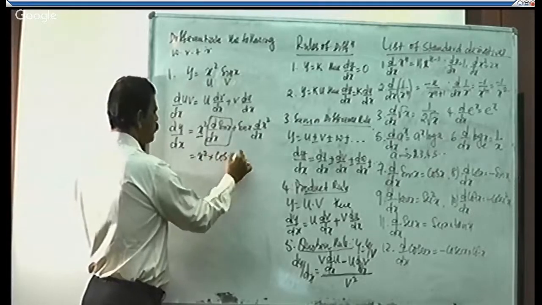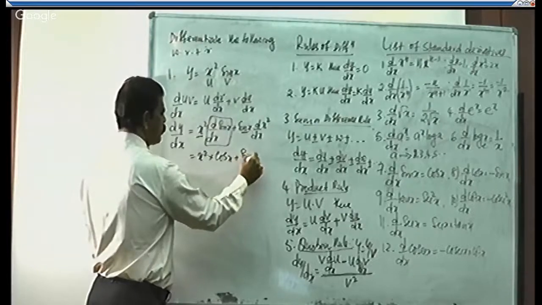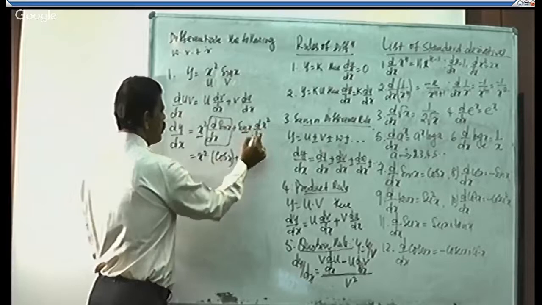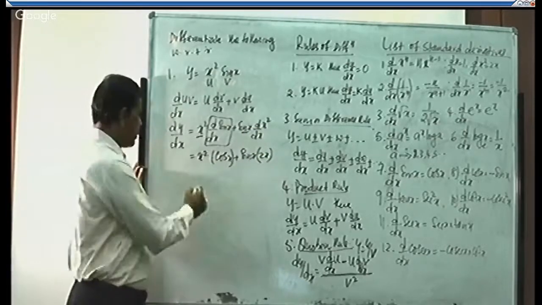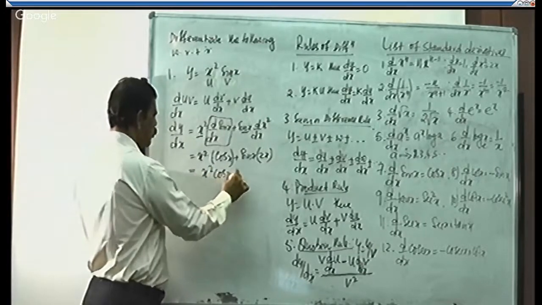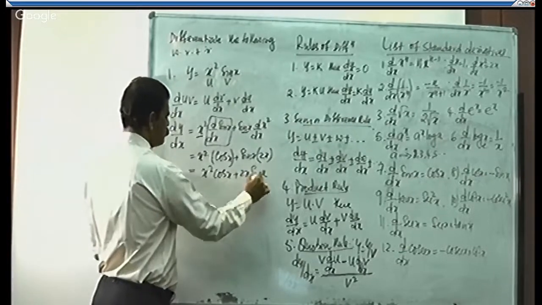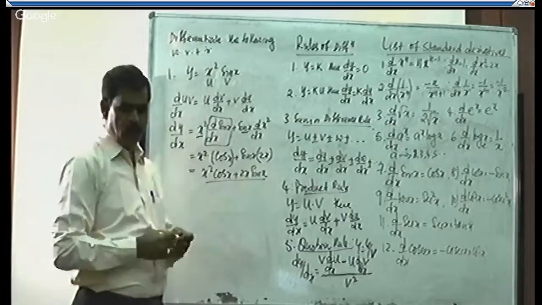Plus here we don't have a dy by dx term, write it as it is. Differentiation of x square is 2x. So finally, we can write it as x square into cos x plus 2x into sin x. This is the product rule.